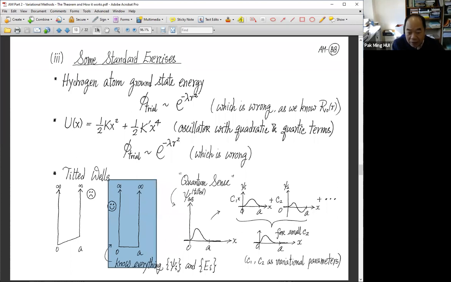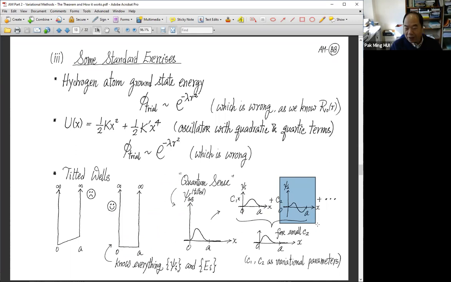So the ground state will be symmetric like this, but this is not all that we want. We want it to be tilted to the left-hand side. But we also know the first excited state of this infinite well problem, right? It is this second sine wave, okay?